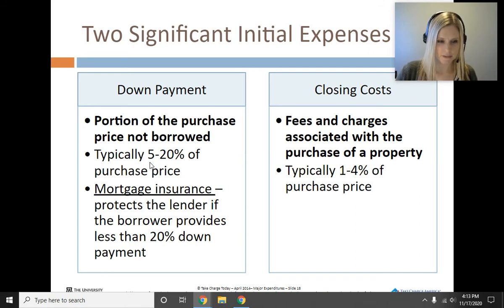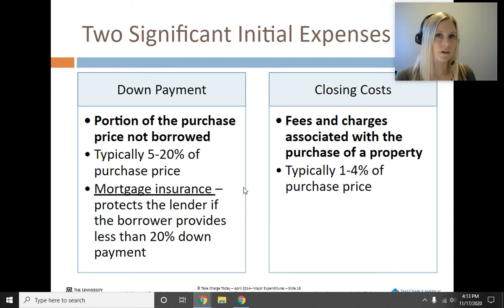You can get something called mortgage insurance that protects you, or protects the lender rather, if you don't provide at least a 20% down payment. And it's going to depend on where you get your loan, what down payment they're going to require. There are certain loans that allow you to put nothing down as a down payment.